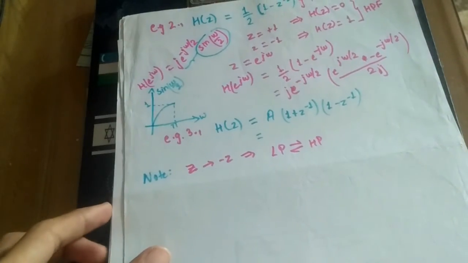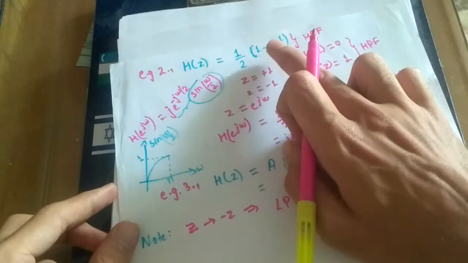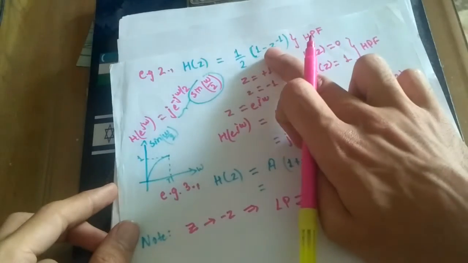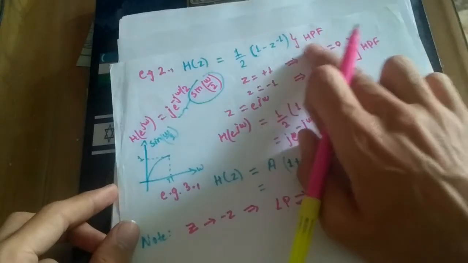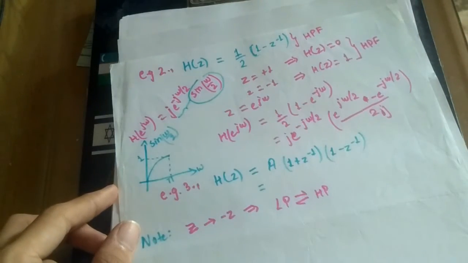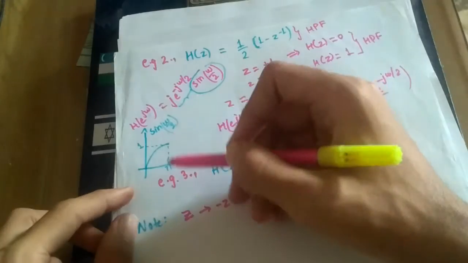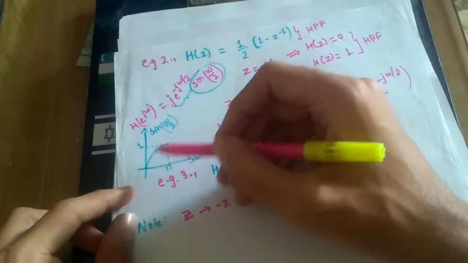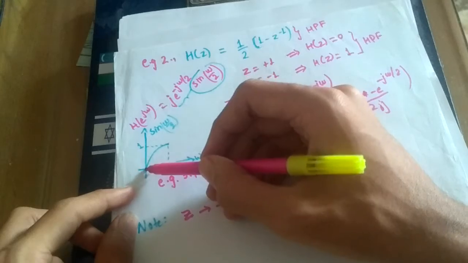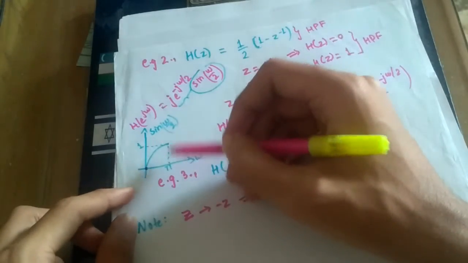Clearly in example number 1 we have a plus sign over here, and if we substitute z by minus z, then we get a negative sign, and as we have seen just a few minutes ago, it is our high pass filter. From the magnitude plot also you can see that it is a high pass filter.